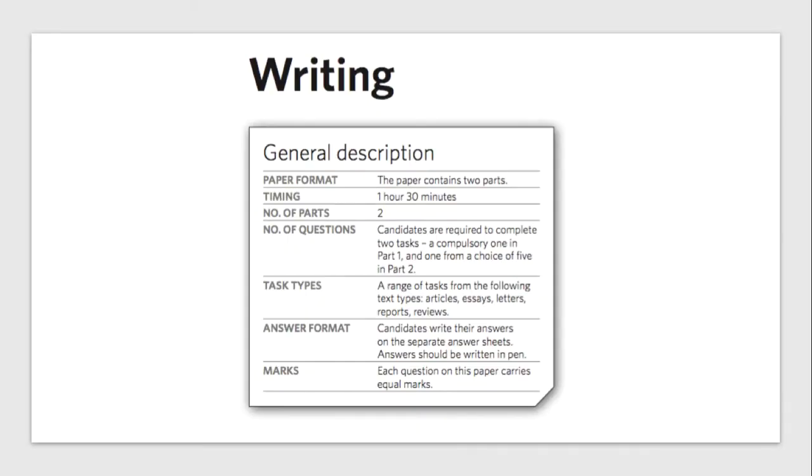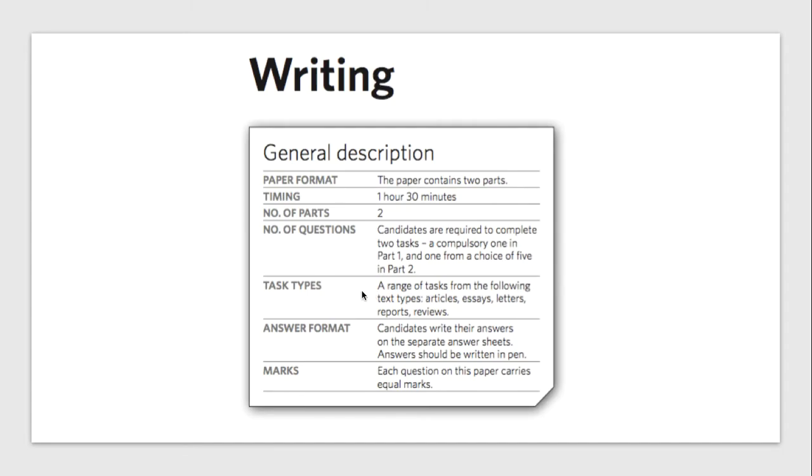Well, let's get started. Okay, so how many parts are there? There are two, and you have 90 minutes in which to write two separate entries. One is compulsory, that is the first part. You have to do it, you have no choice. And in part two, there's a choice of 5 different topics.